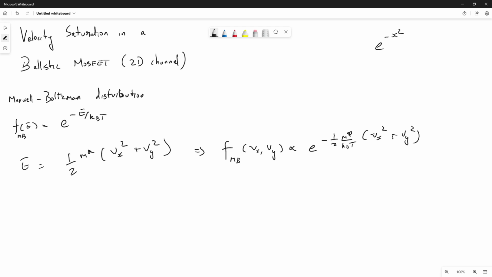Now in terms of that, I have two variables, vx and vy, and I have e to the power minus some constant into vx squared plus vy squared. So this is a 2D Gaussian function. My God, this is the thing I've been dreading all along.